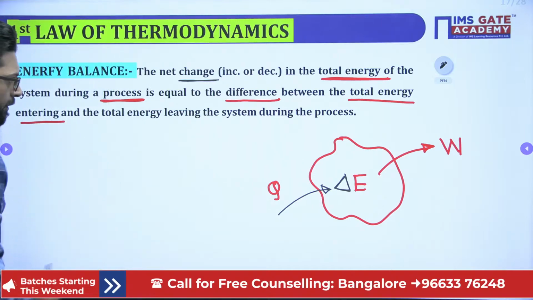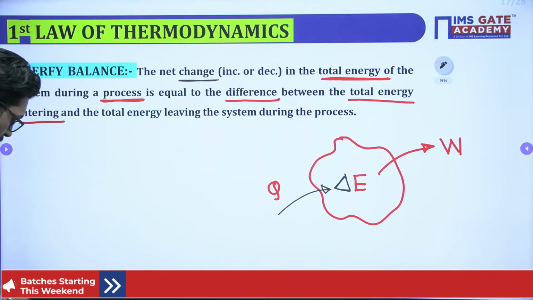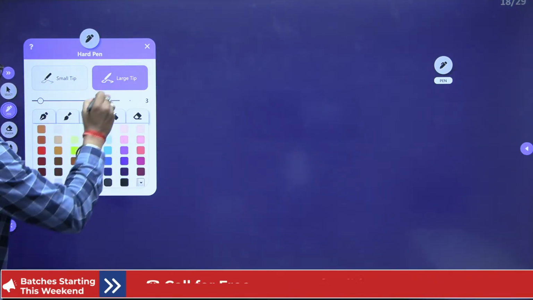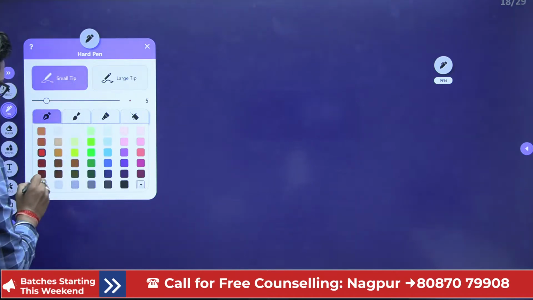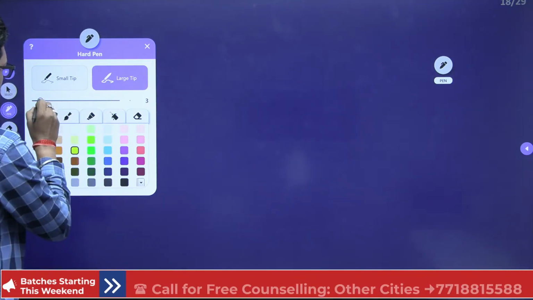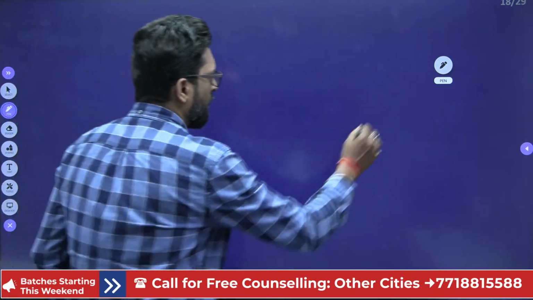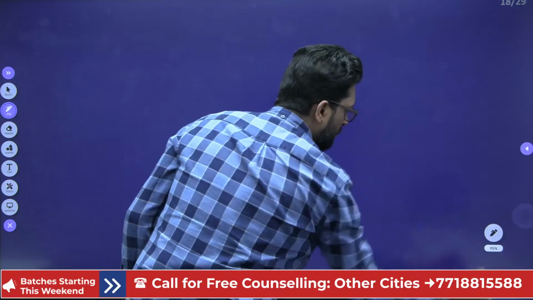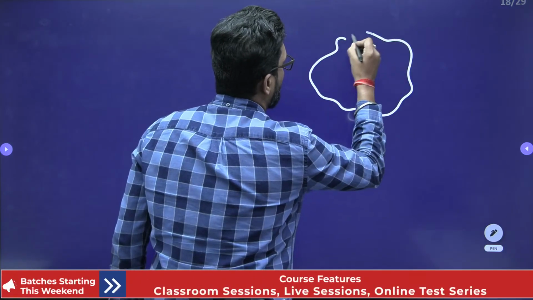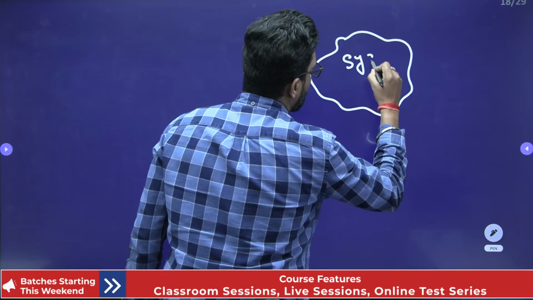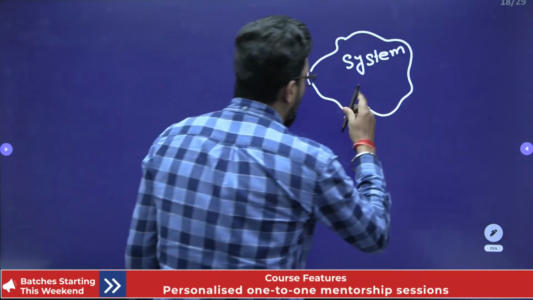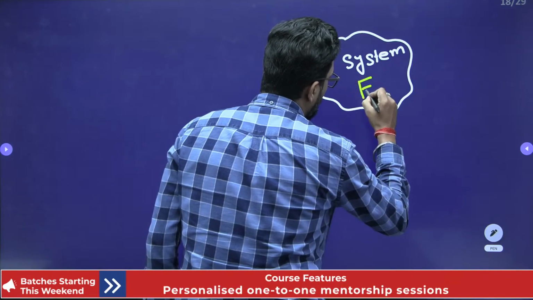Now, we take this analysis with the help of this concept. We have to go through that. See, if this is our system, and if this system has energy E, this E is the total energy of the system.